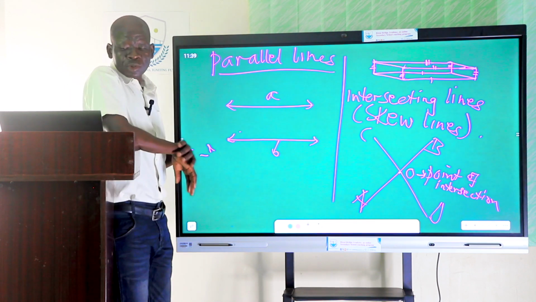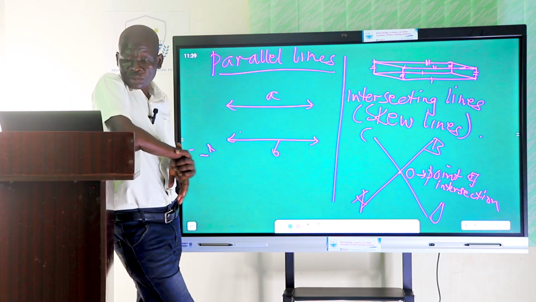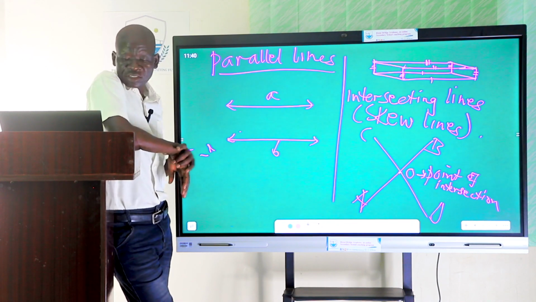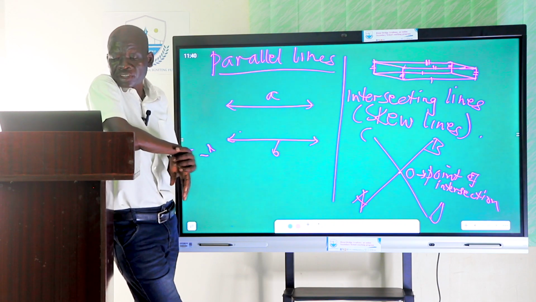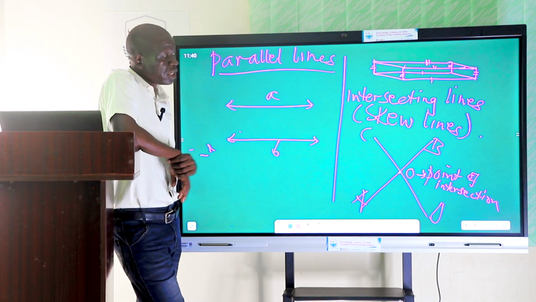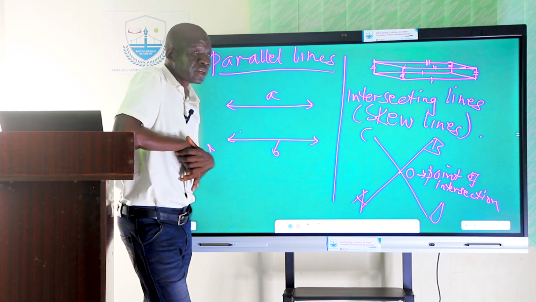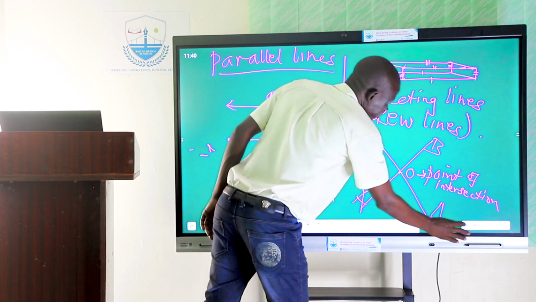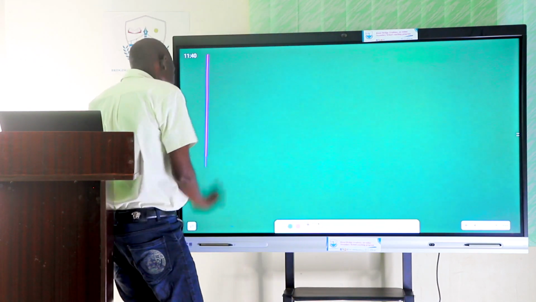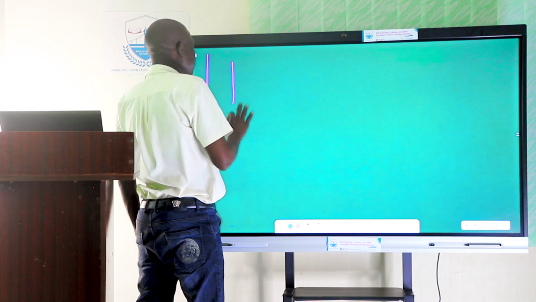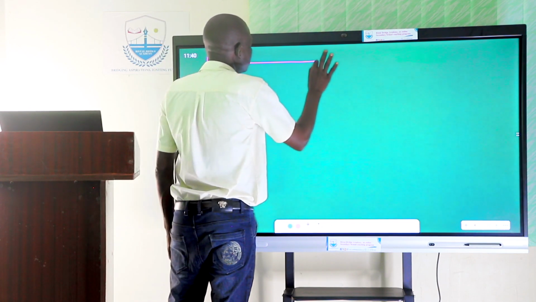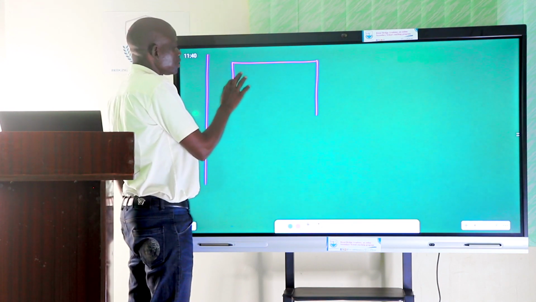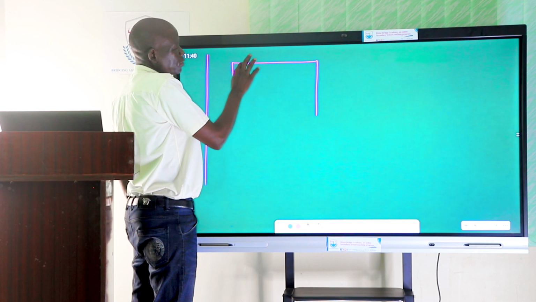We can look at examples of intersecting lines. The examples of intersecting lines are the lines formed by the corners of a rectangular table. Assuming this is our table, this line intersects with this line here.